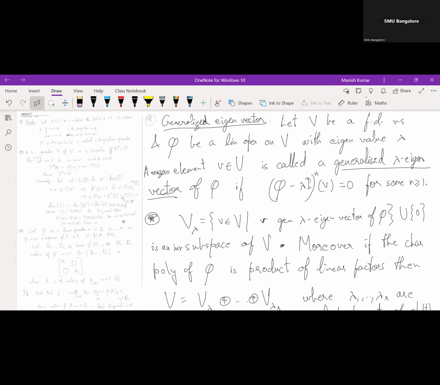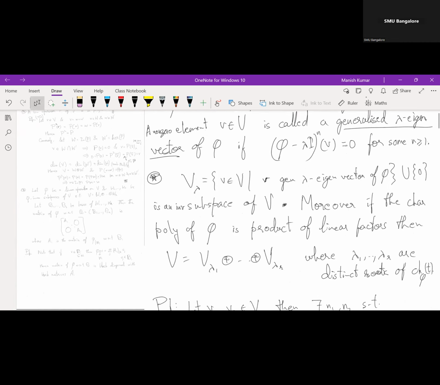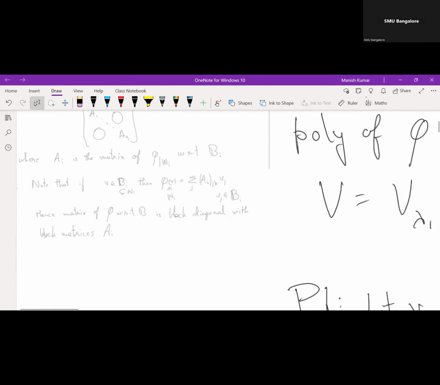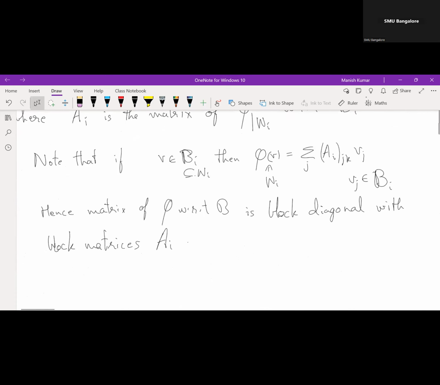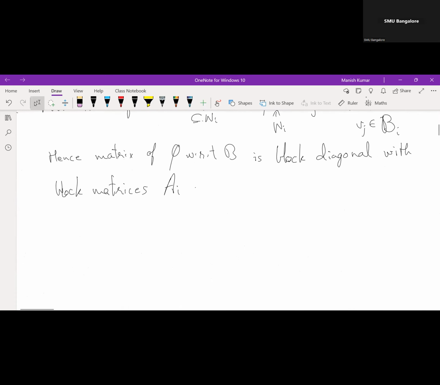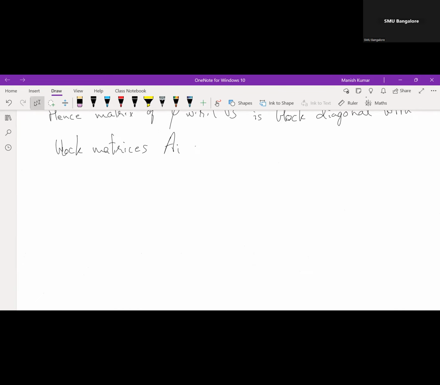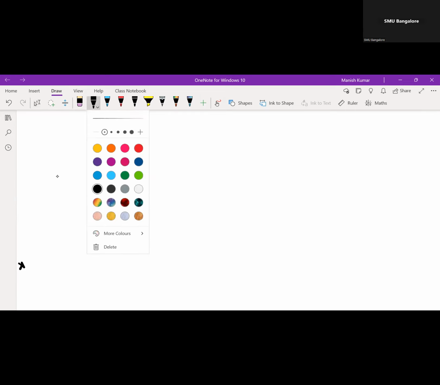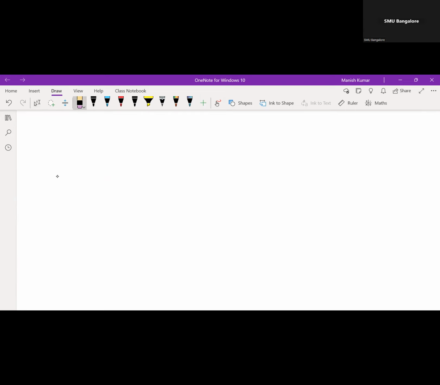So let's do one example of this. What happens when you have a generalized eigenvector? Maybe one proposition will give you some understanding about what we are trying to do, and how this will help.